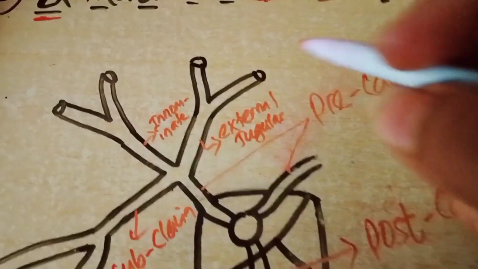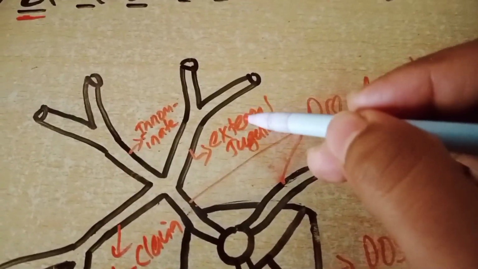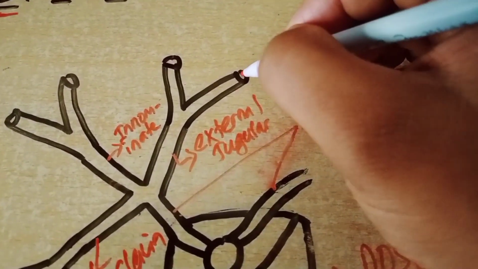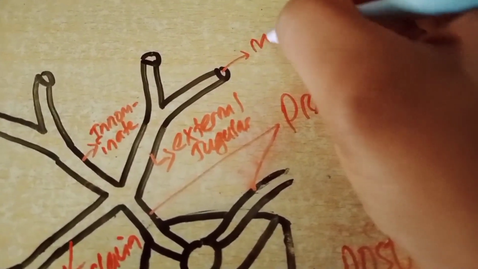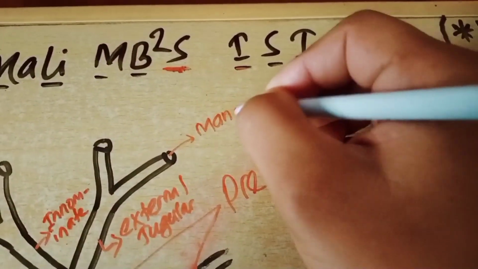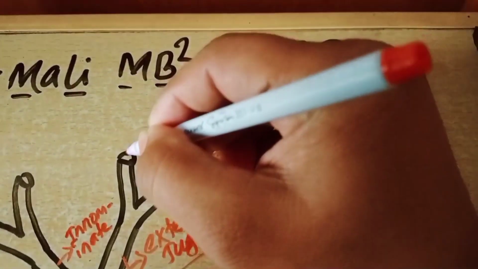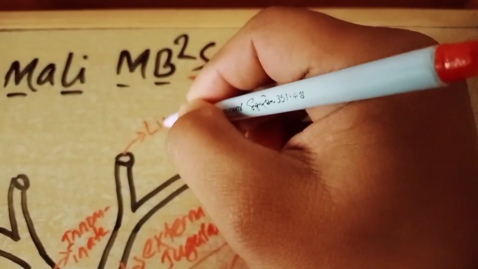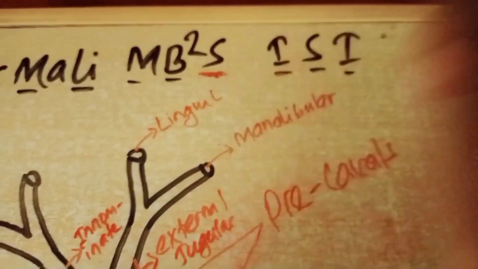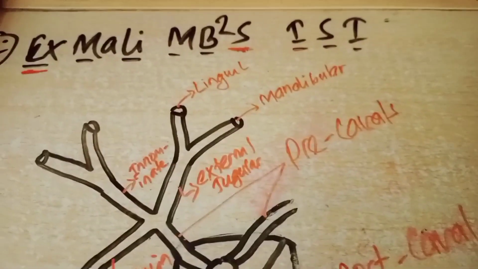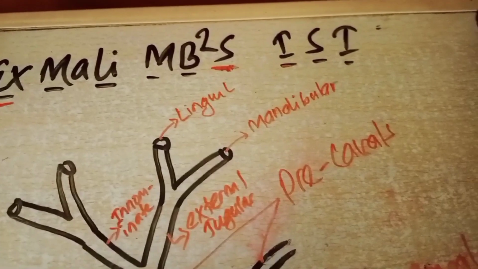Firstly, external jugular has mandibular and lingual.